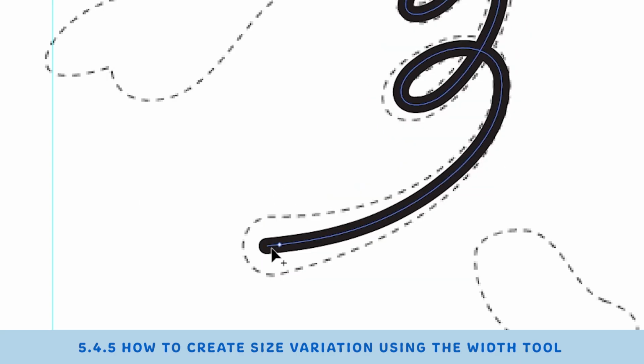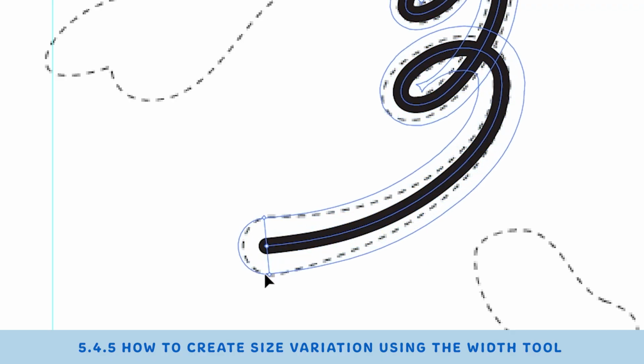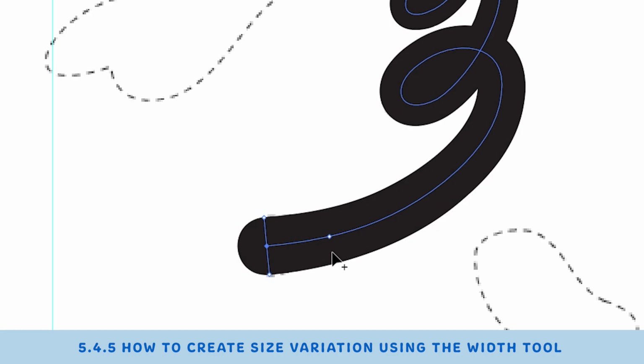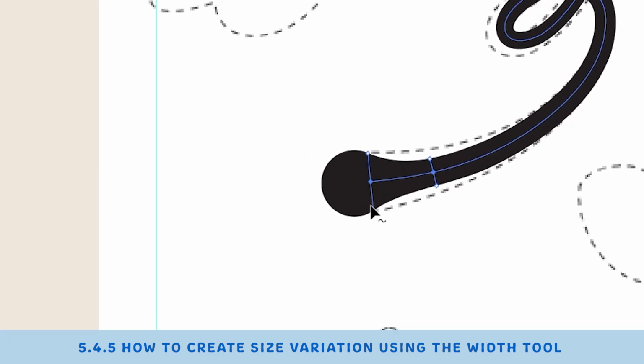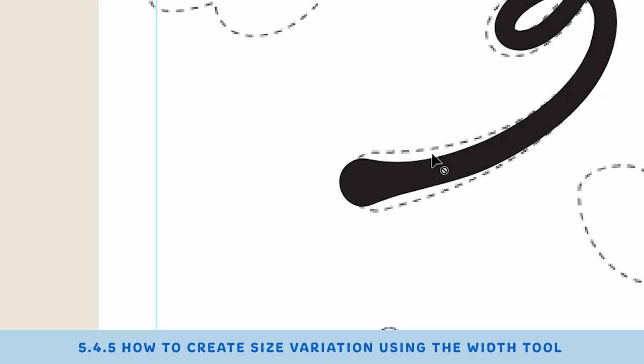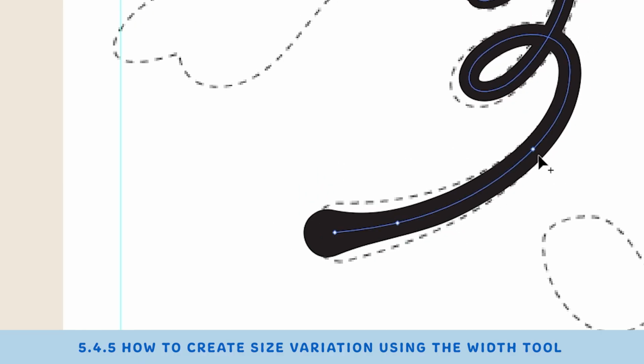So go to the very last point of your line and drag it out like this, and that will increase the width of the entire line. And now go a little further in and decrease the width, and that will create this variation in size. So you can basically vary the size of the line anywhere that you want, and that will help you create some extremely interesting shapes.